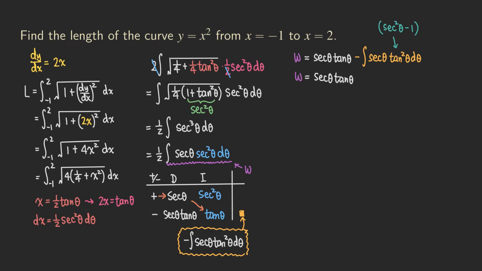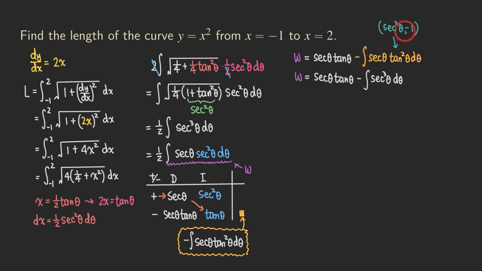Now, this part needs to be done really carefully. You are going to be getting minus the integral. Now if we distribute the secant theta to the secant square, we are going to get the secant cube theta d theta, okay?